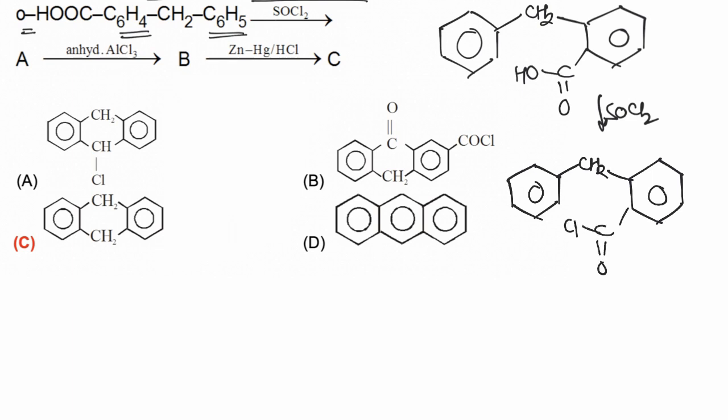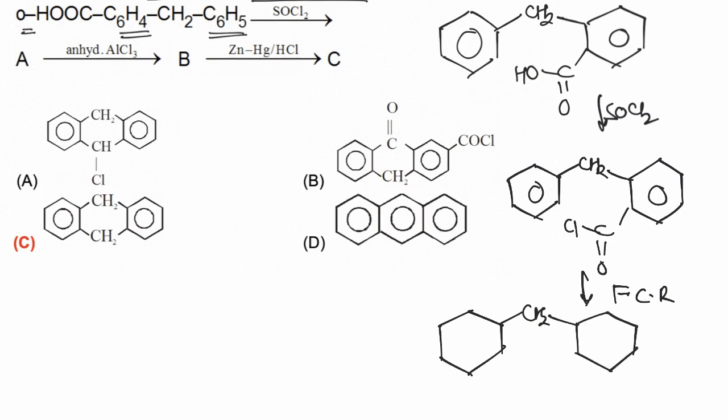COCl. Now this molecule on reacting with AlCl3 gives a Friedel-Crafts acylation reaction, and after the Friedel-Crafts acylation reaction it will be converted to a carbonyl compound. So CH2, and now this molecule is formed.